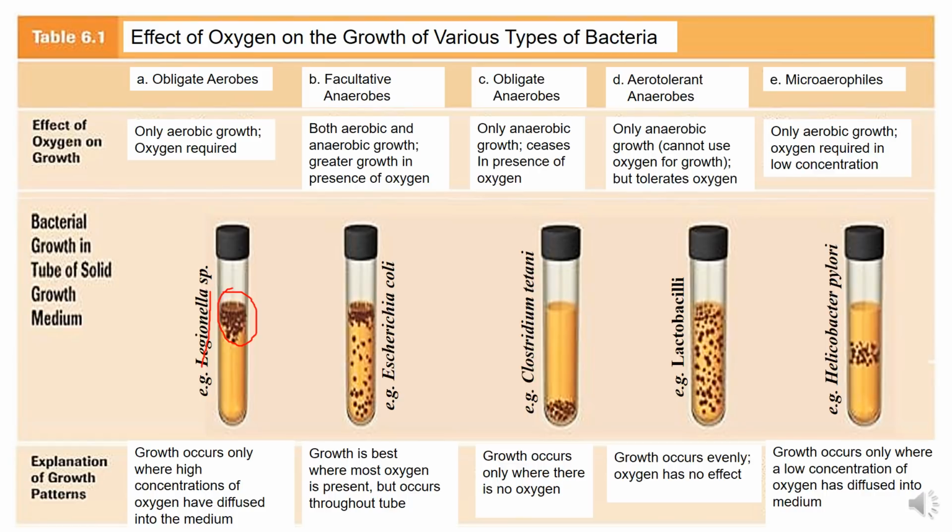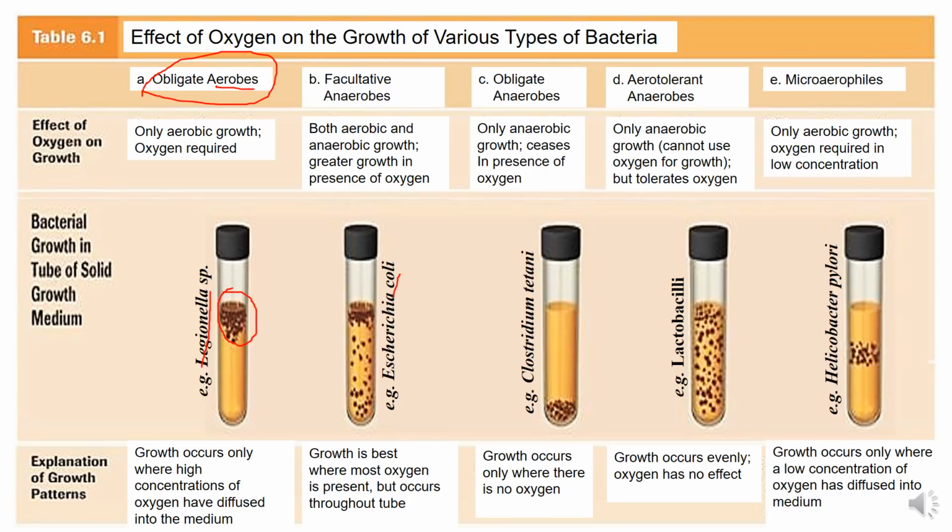This shows that this bacteria requires oxygen for growth. It can only grow where oxygen concentration is high. Such bacteria are known as obligate aerobes. Aerobes meaning they like oxygen. They grow in highly oxygen concentrated areas.